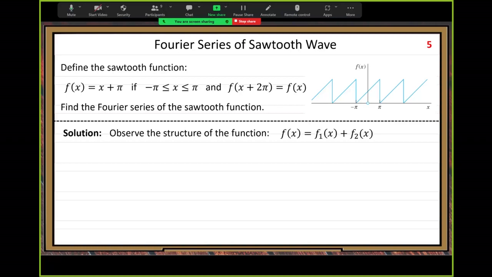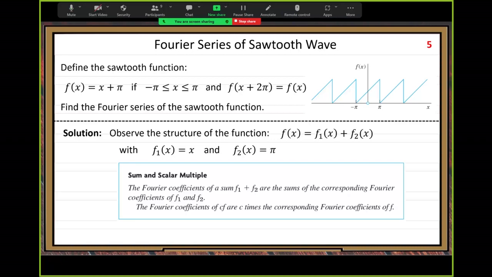When we calculate the Fourier series, can we split it into two Fourier series? We calculate the Fourier series of f1 and of f2, and add them together. Here f1 is x, and f2 is the constant pi. There is a simple theorem, the sum and scalar multiple property of Fourier series.